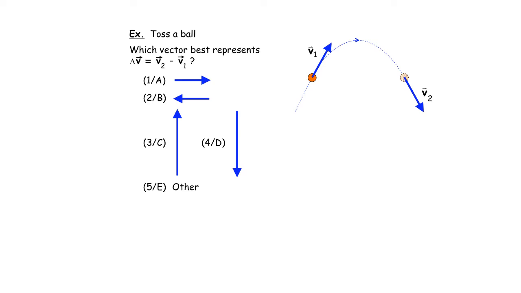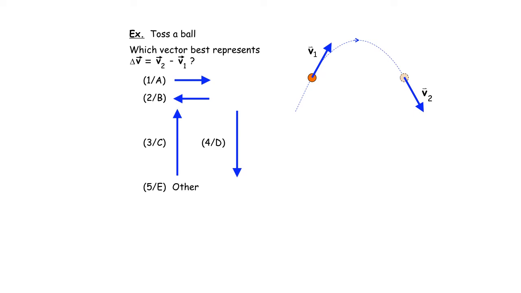What is accelerating this ball as it moves? I heard it. Gravity. Which direction is gravity's acceleration? Down. What's the magnitude? 9.8 meters per second squared. The acceleration through that whole motion was always down. And you just found that between one point and the other, the change in velocity was down.